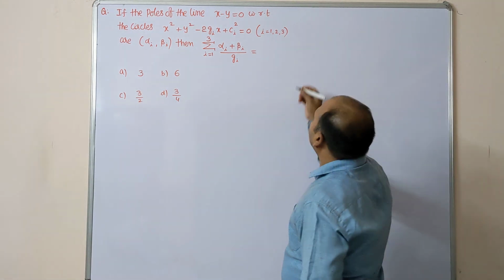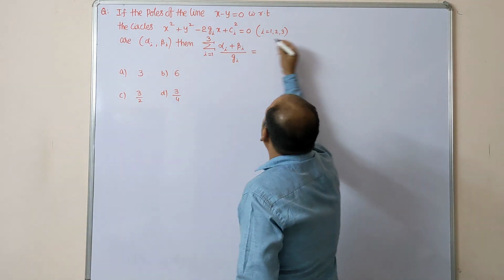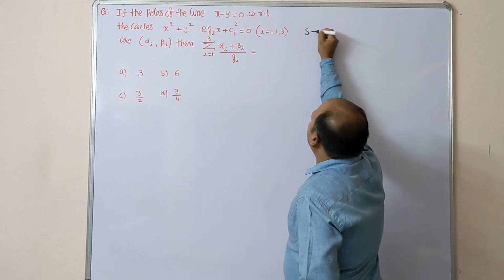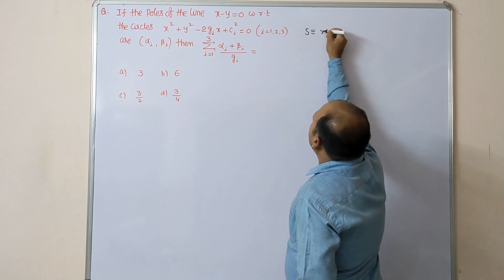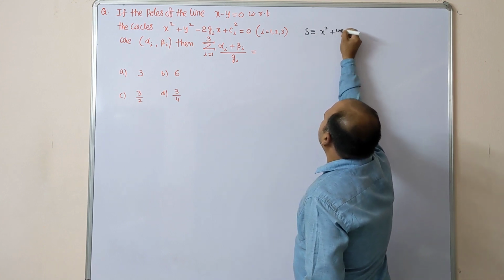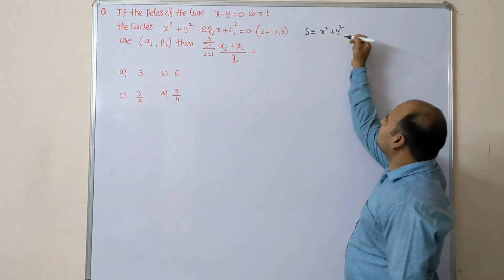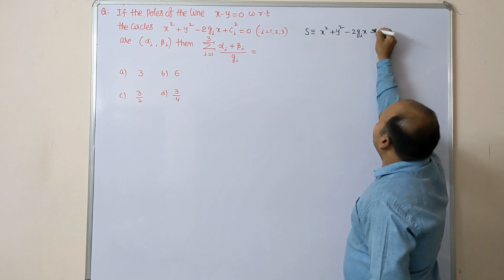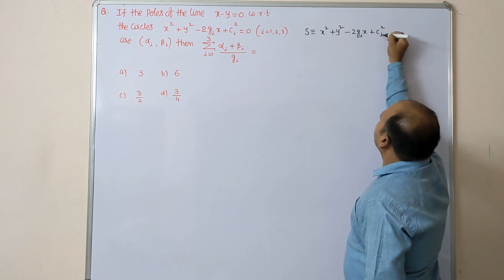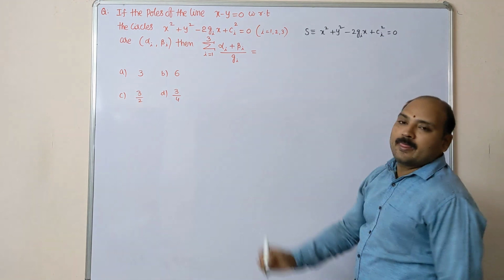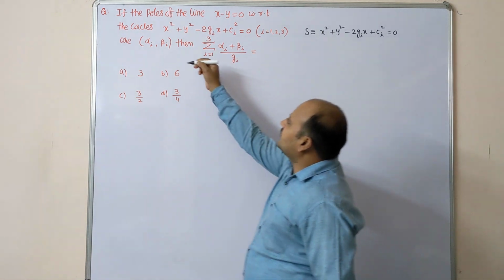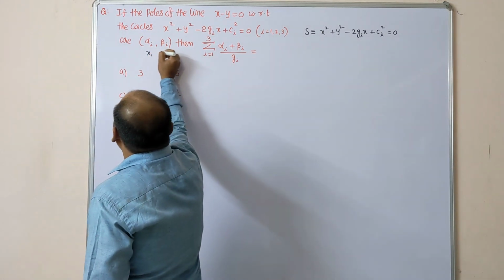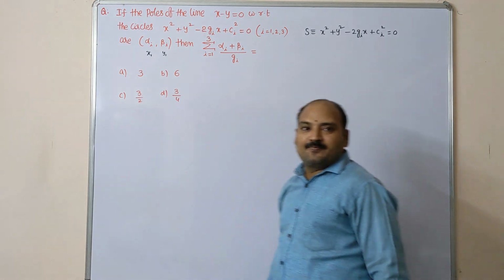See here. This is the circle equation, no? S equal to x square plus y square minus 2gix plus ci square equal to 0. So for the polar equation, this is x1, y1, dear students, the given point.